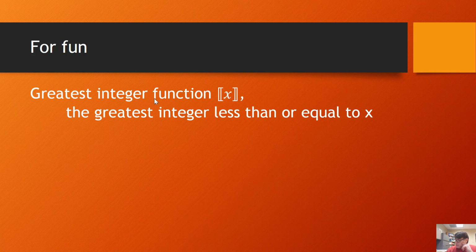It's also called the floor function, because its graph is a bunch of floors. Anyway, the greatest integer that's less than or equal to x. So x goes on between integers, and when we get into the next integer, and so forth.